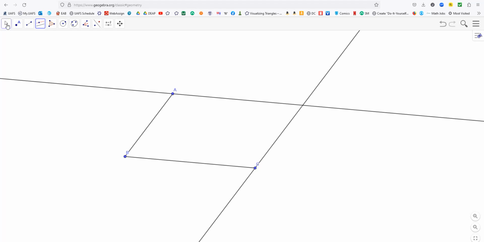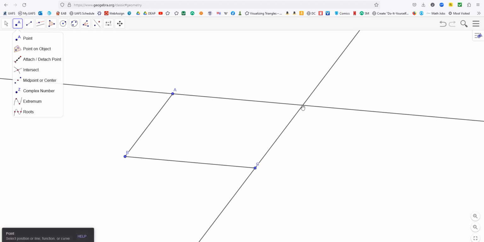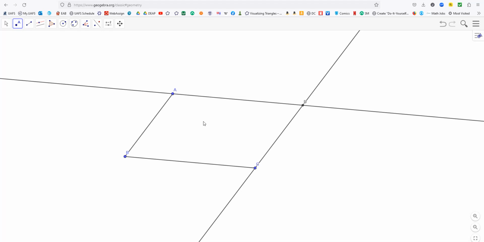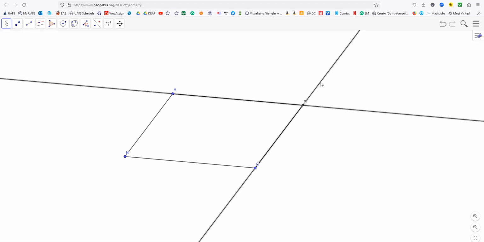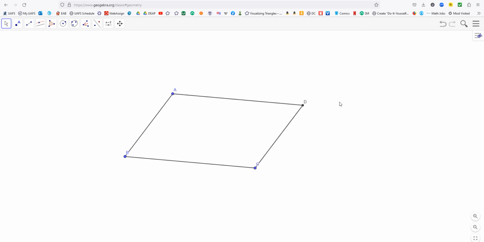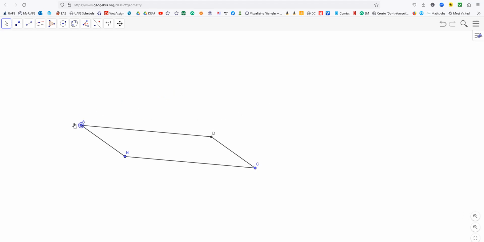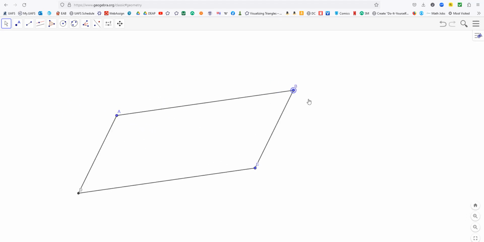And you can see no matter what happens, there will be exactly one intersection point right there. And so I'm going to go ahead and finish out the parallelogram like that. We can hide these lines here.